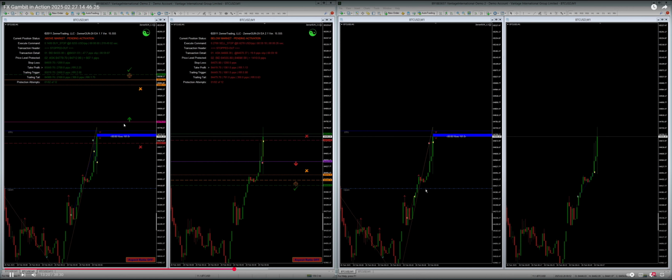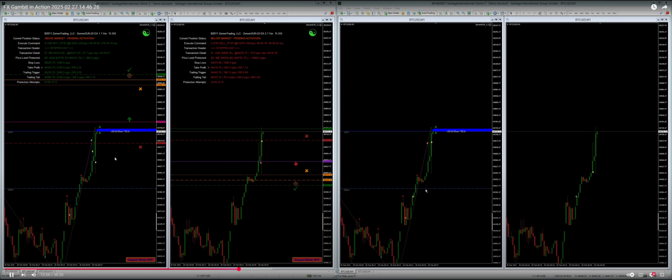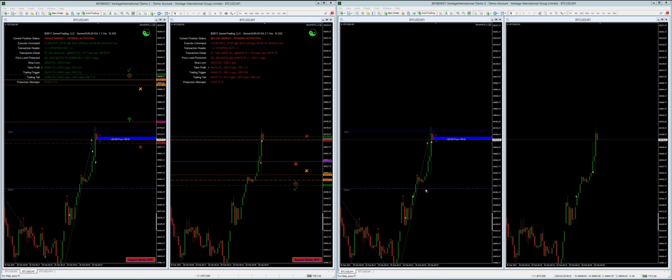The entry level, as you see, hasn't been activated. This right now is still a pending buy stop order that is waiting to be activated and converted into a market buy.